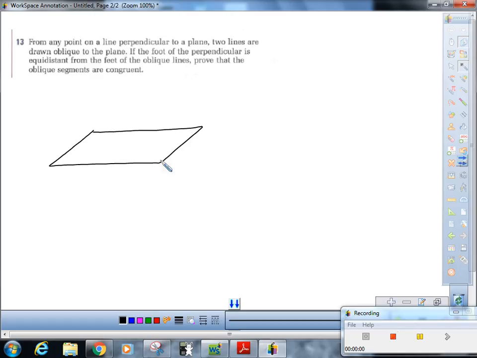From any point on a line perpendicular to a plane, two lines are drawn oblique from the plane. So here is the foot of our perpendicular blue line. I'll draw two oblique lines, a pink one and a green one.